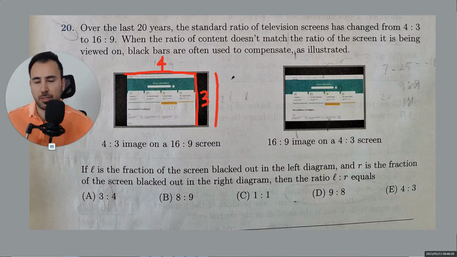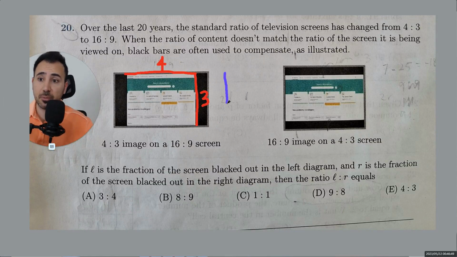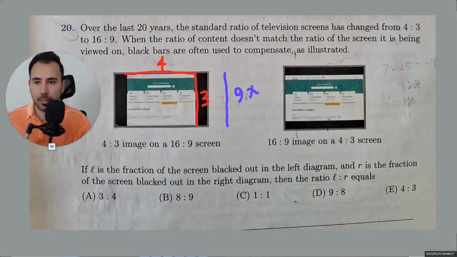If this is 3, this wouldn't be 9. It's a different unit. So because they will have different units, 3 of this is 9 of something else. So I'm going to call it 9x. So if this is 9x, this one over here will be 16x.